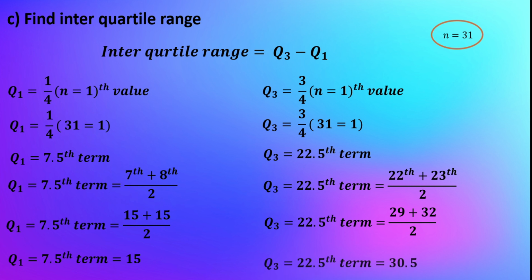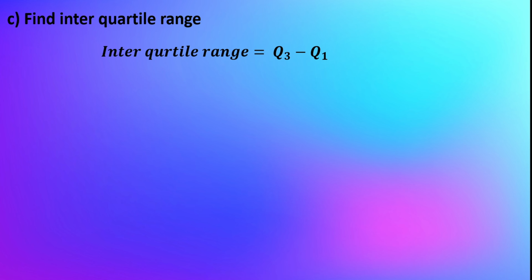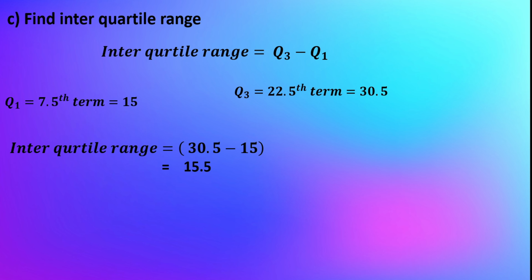If you add them and divide by 2, we'll get 30.5. Okay, so now we have to find our interquartile range. Because we already have Q3 and Q1, we just have to evaluate them, put them in the formula, and we got 15.5.